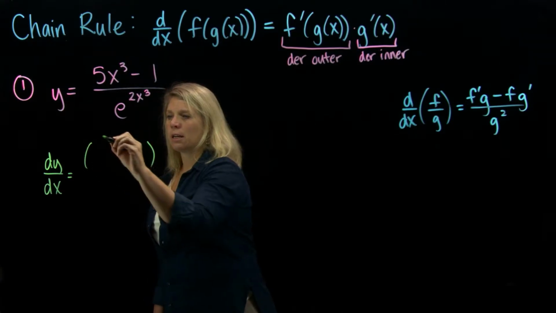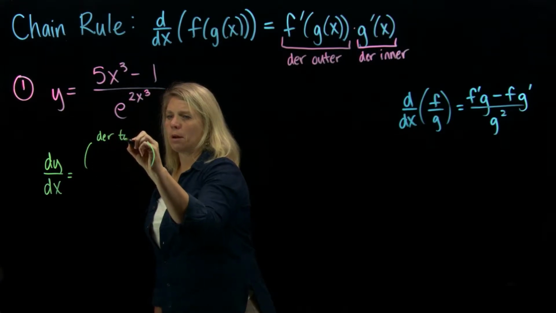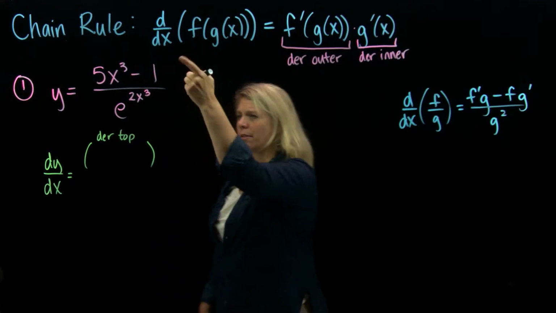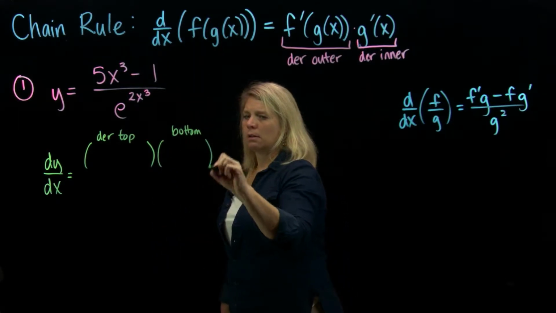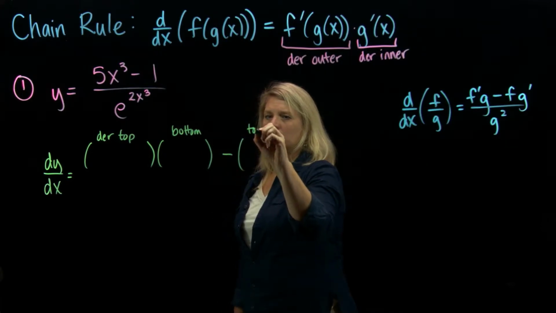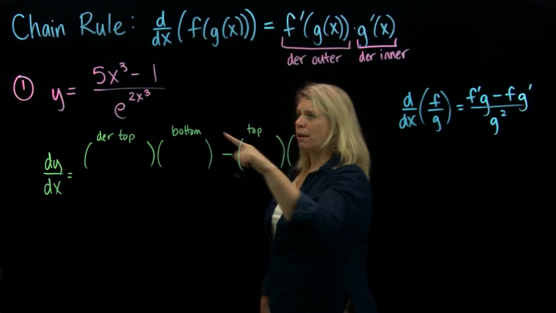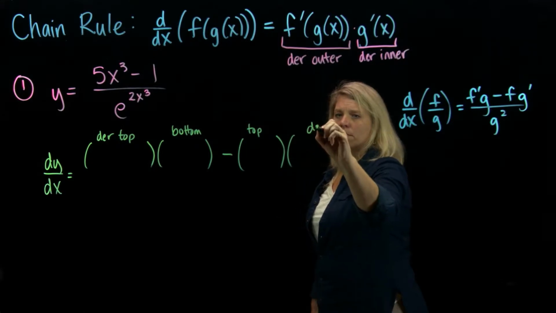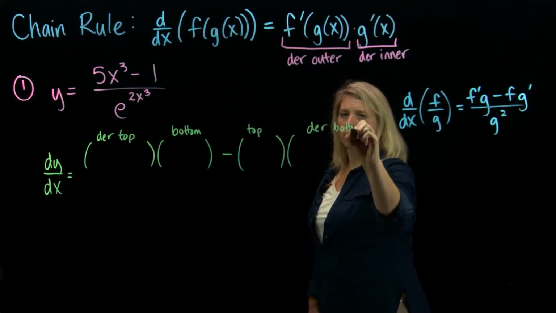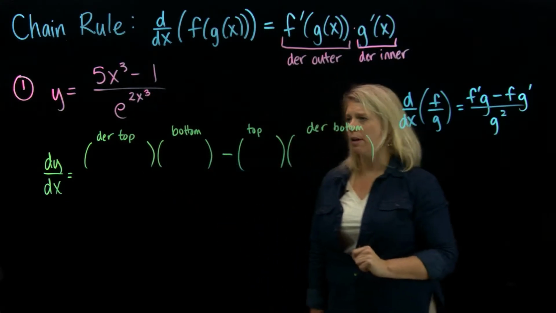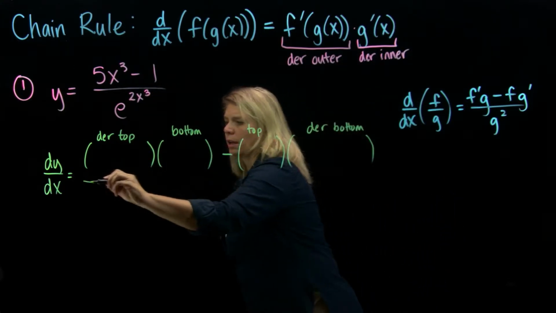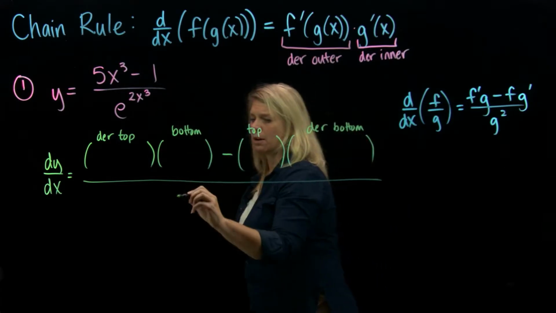So I'm just going to write der top, or you could write f prime, derivative of the top times the bottom, minus the top times the derivative of the bottom. That's where we'll need chain rule. When I take the derivative of the bottom, that's where I have a function inside another function. And then the whole thing over the denominator squared.